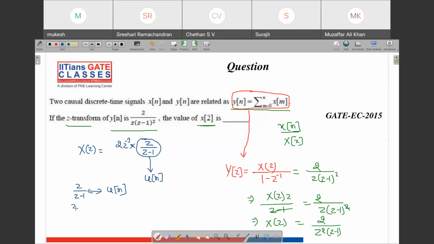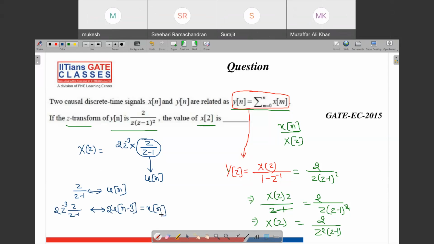So for z upon z minus 1, in the time domain it is u of n. When you take z upon z minus 1 and multiply it with z to the power minus 3, in the time domain it will become u of n minus 3. And then you have a multiplication by 2 here, so I will multiply it by 2 here as well. So this is the final signal, which is x of n. Now we need to find x of 2.